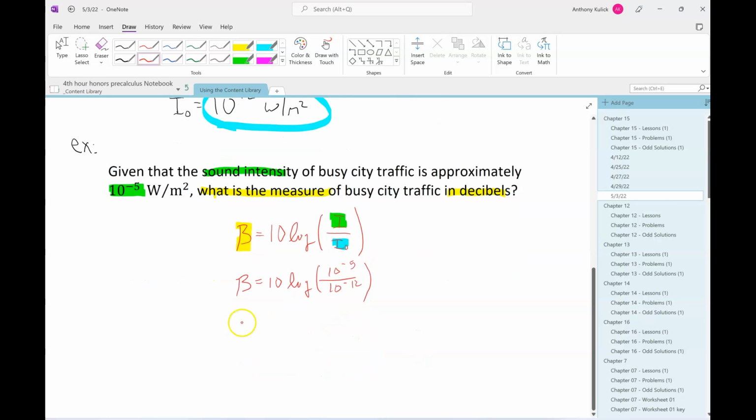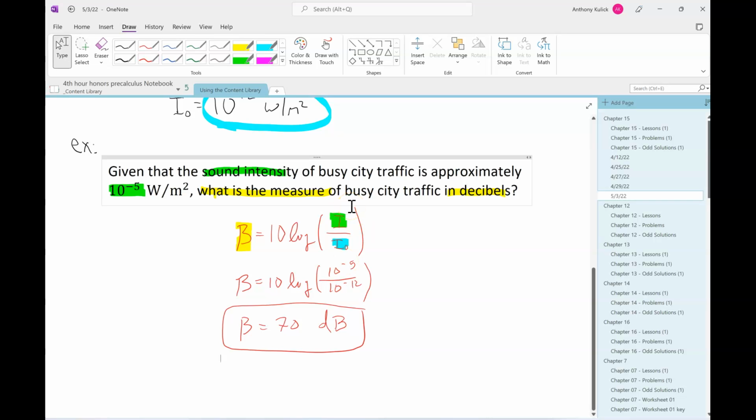At this point it would be calculator time, but you don't really need a calculator here. 10 to the negative fifth divided by 10 to the negative 12th is 10 to the positive 7th. Log of 10 to the 7th is 7, and 7 times 10 is 70. So we have 70 decibels.